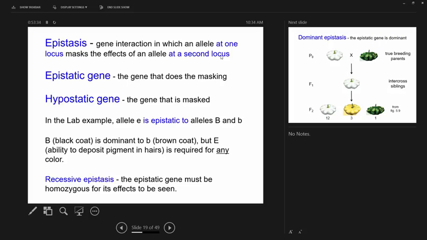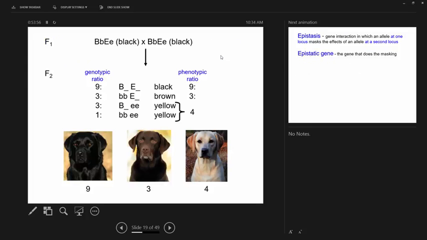This is the first example of epistasis. It's called recessive epistasis. So epistasis is where one gene masks the effects of another gene. Recessive epistasis is where, in order to show the epistasis effect, you have to be homozygous recessive. So you have to be little e to show the effect.